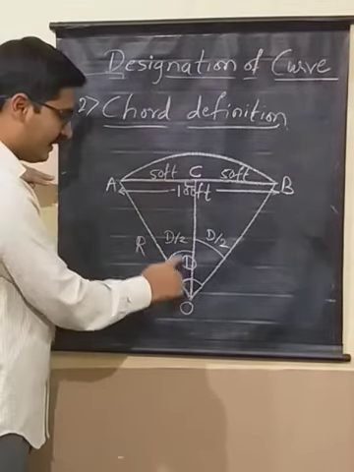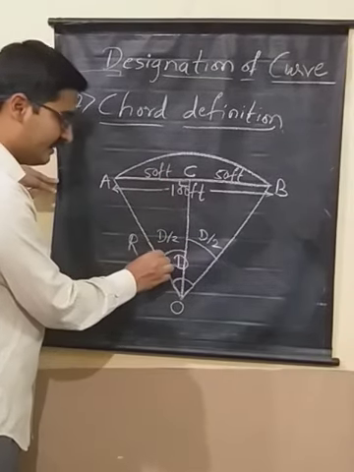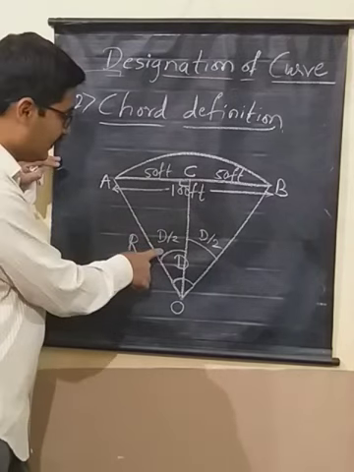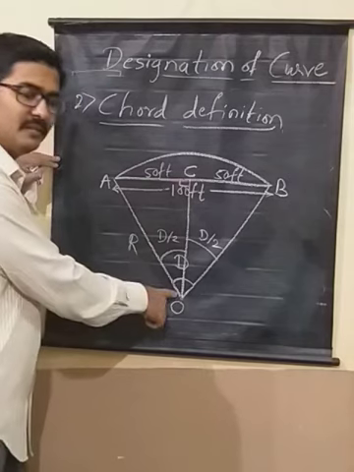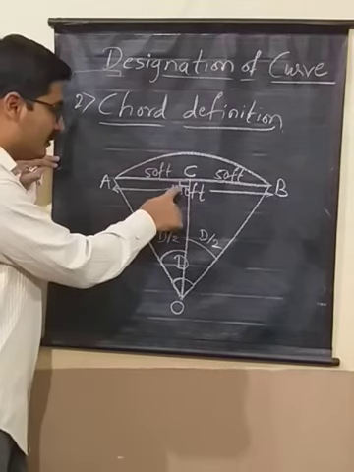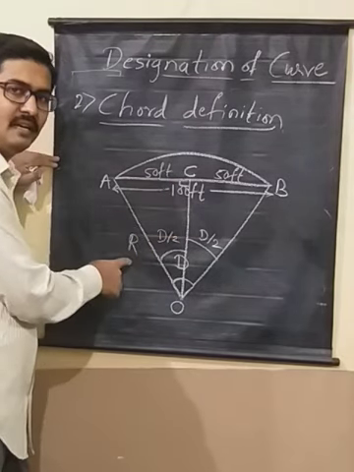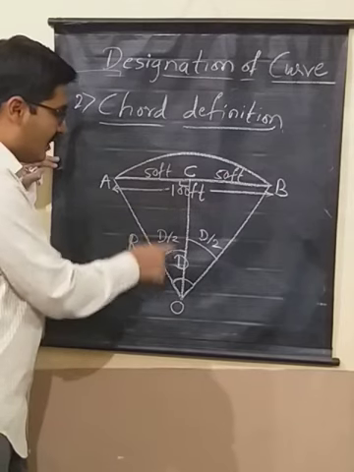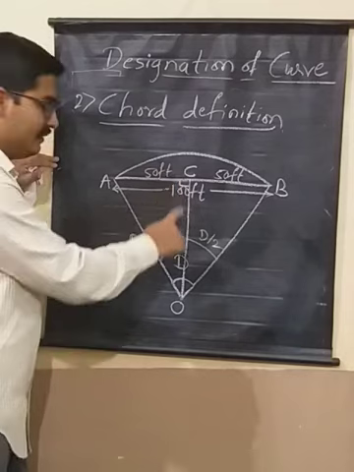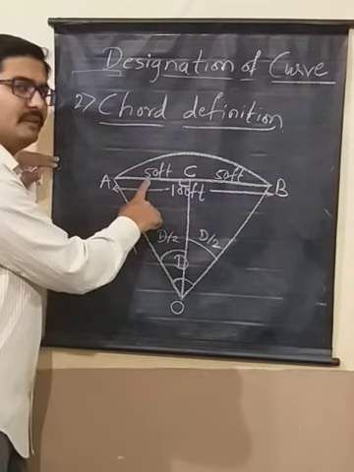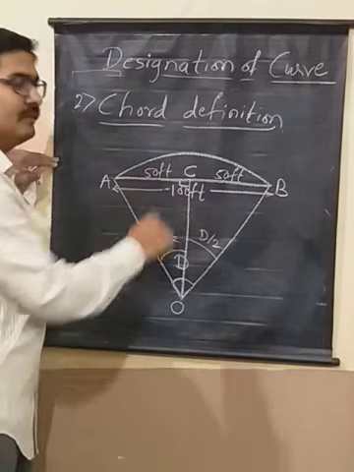In that right angle triangle, one of the angles is D by 2, and this is the radius and this itself is the hypotenuse of that triangle. So opposite to 90 degrees is the hypotenuse, and it is R, right? And opposite of D by 2 we have 50 feet.